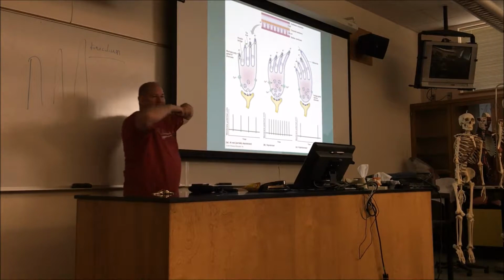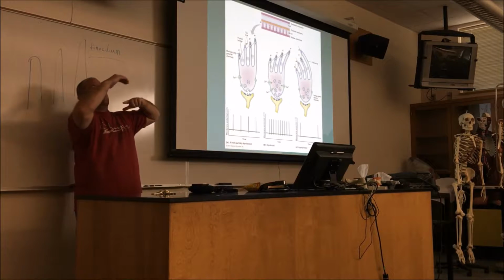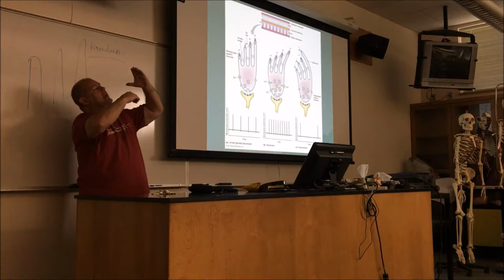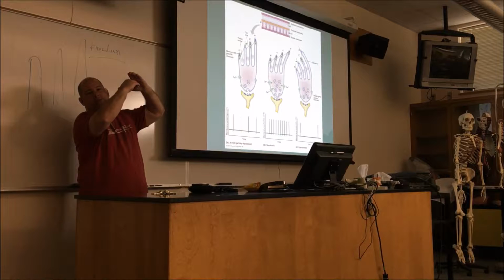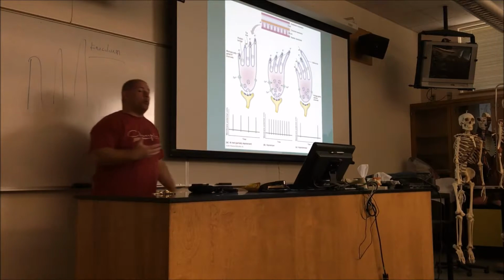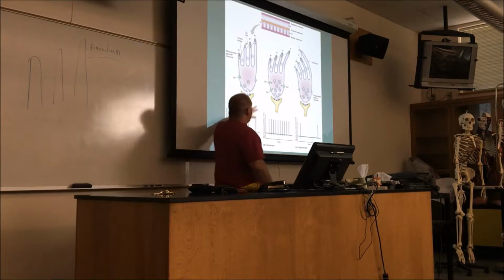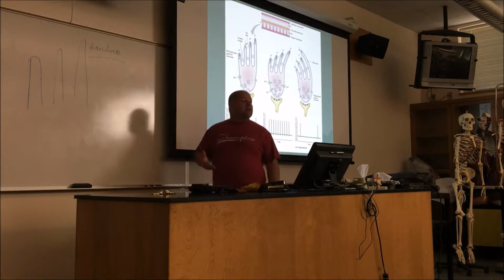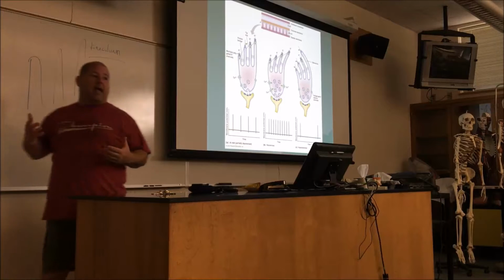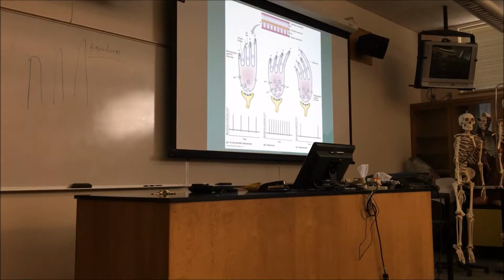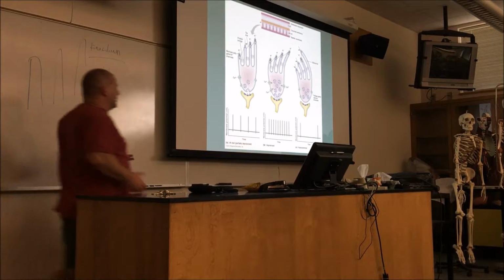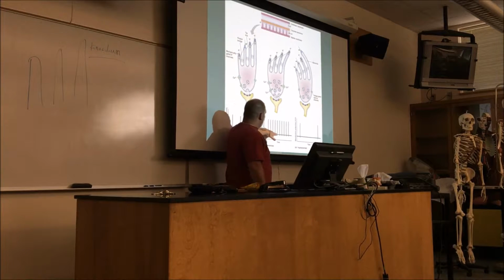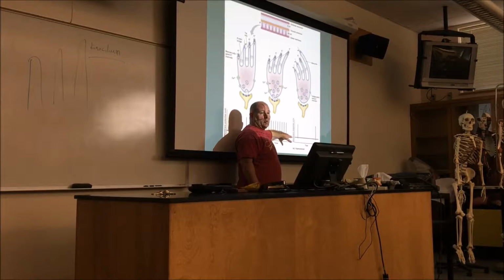But the way that things line up in a cell, the negatives are usually right on the inside, and the positives are usually on the outside. So when I open the channel, the positive is going to come in, and that's going to cause the membrane to become somewhat positive. Therefore, we're going to have a depolarization. And then impulses are going to be sent along the cochlear nerve.